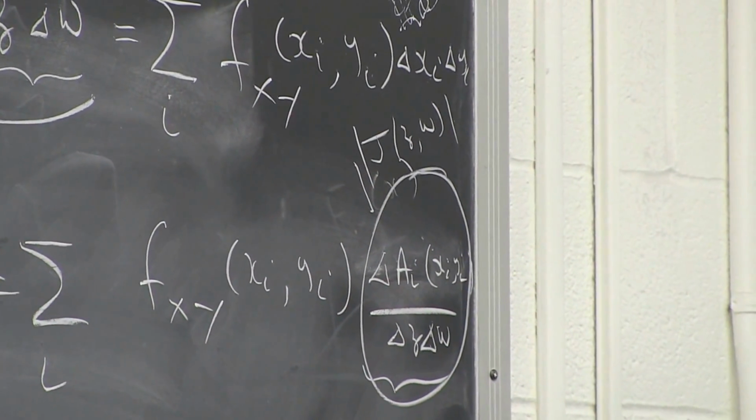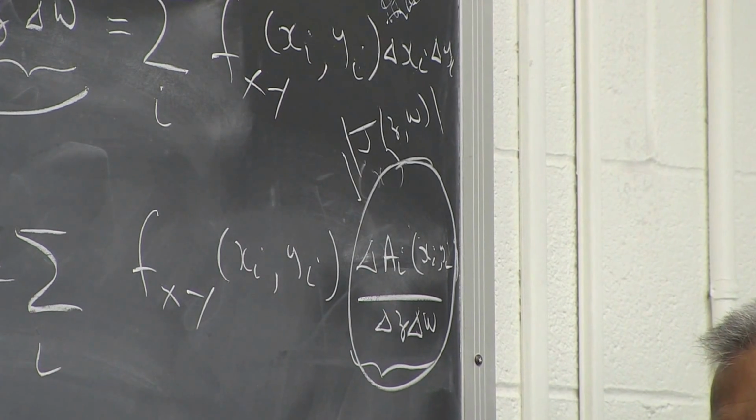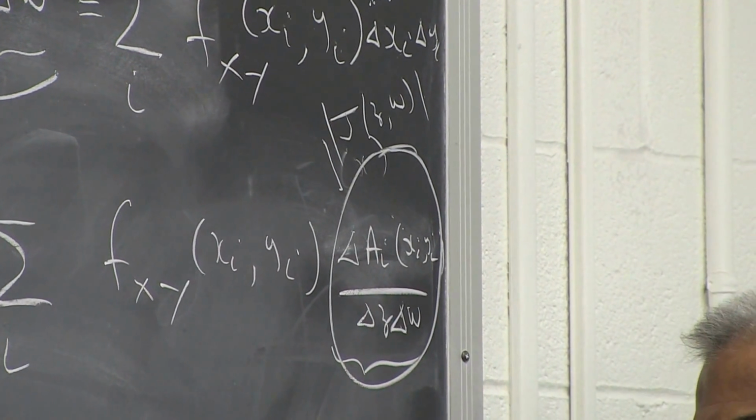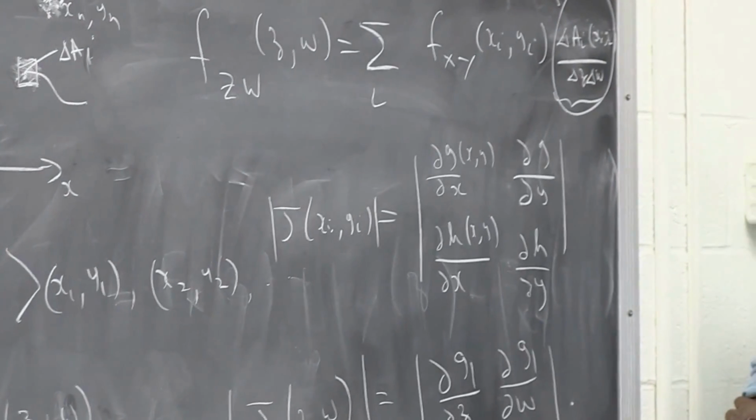That's the Jacobian expressed in terms of the derivatives with respect to z and w, or the Jacobian expressed in terms of the original x and y.